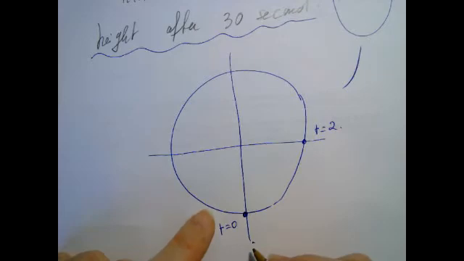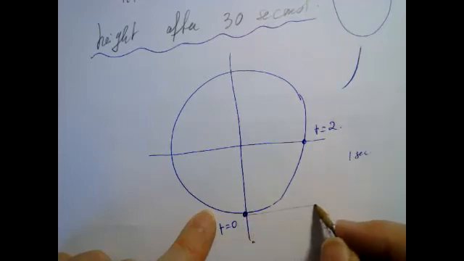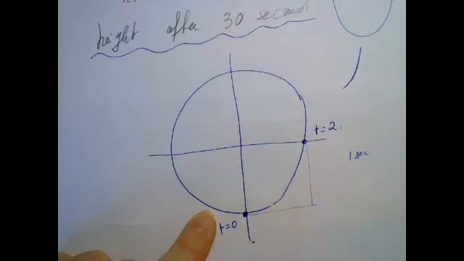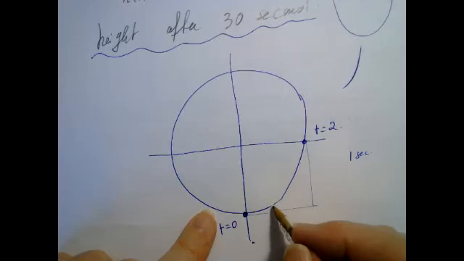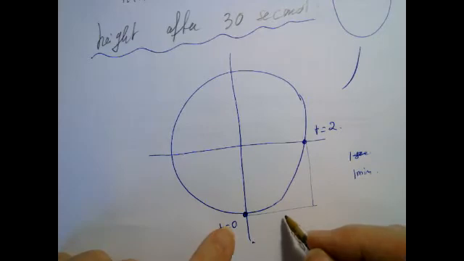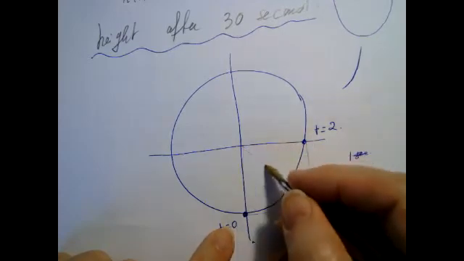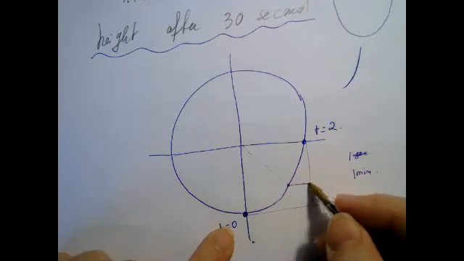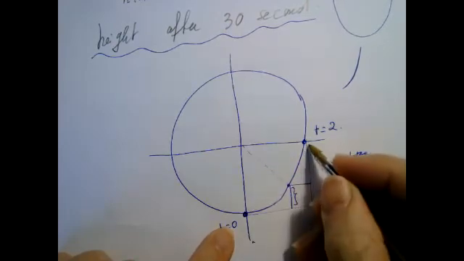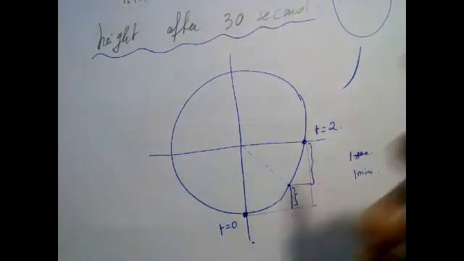Now, after 1 minute, where should I be? You should be halfway between t equals 0 and t equals 2, right? Okay, halfway. Now, is the height the same? No. Absolutely not, because you are curving.